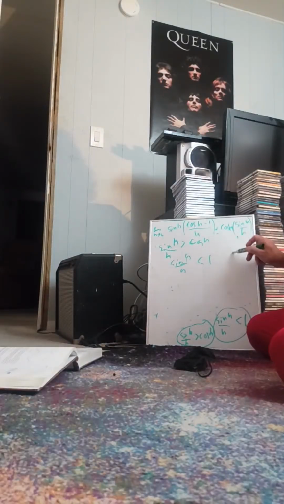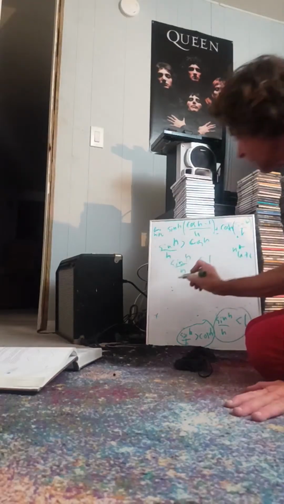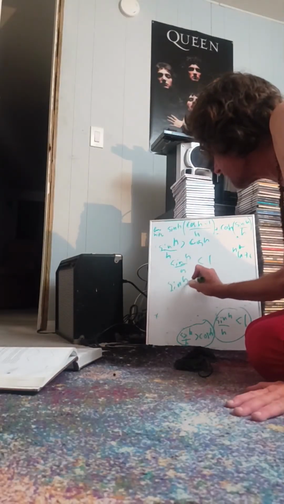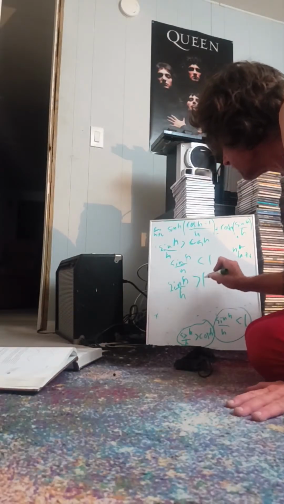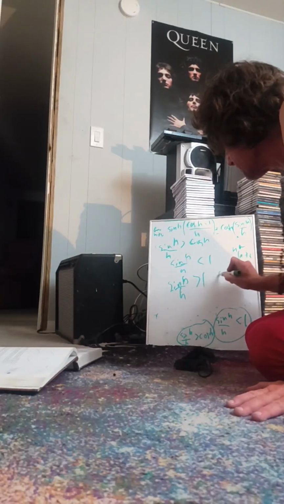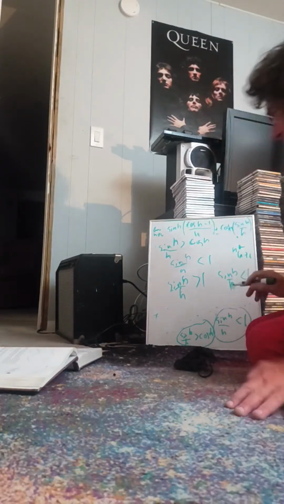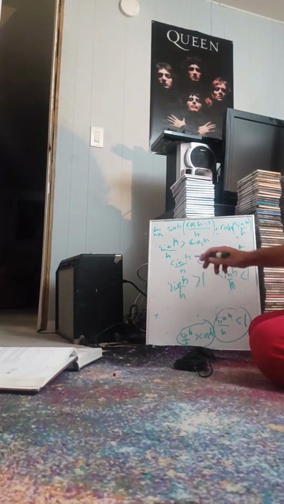But this is all as h approaches 0. The limit of cosine h as h approaches 0 is 1. So I have sine h over h as h approaches 0 is greater than 1, but also sine h over h is less than 1. If it's greater than 1 and less than 1, then it is equal to 1.